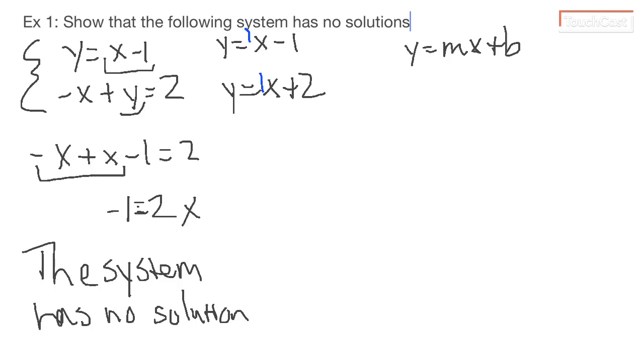Let's look at another example. So this one we will call example 2. We are going to show that the system has infinite solutions, meaning any number you plug in for x and y will give you the same answer.